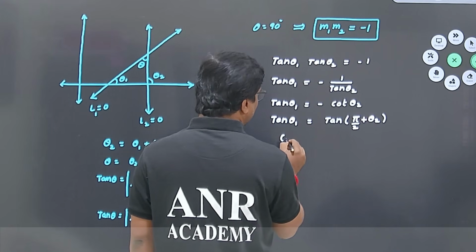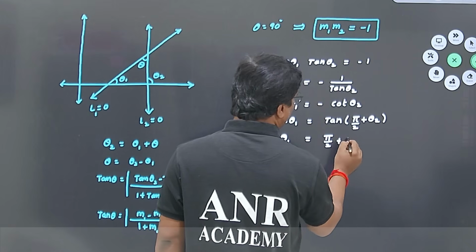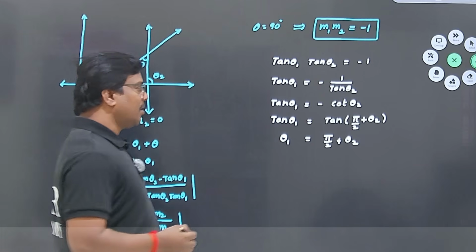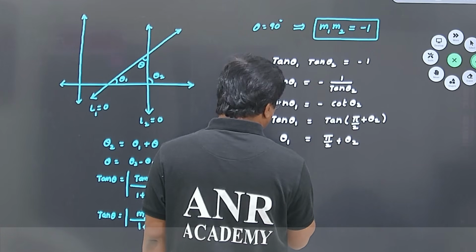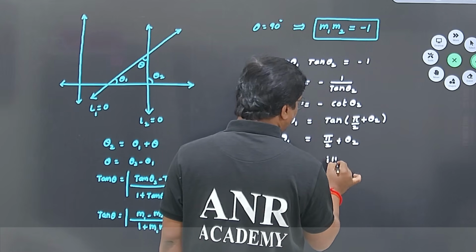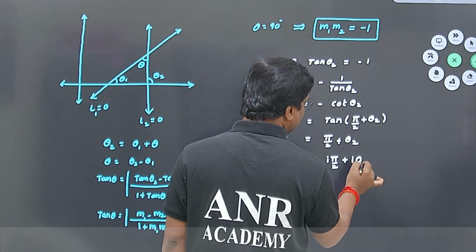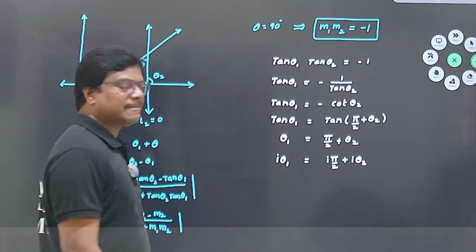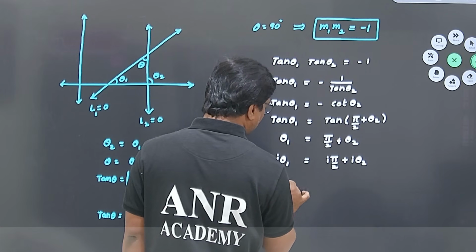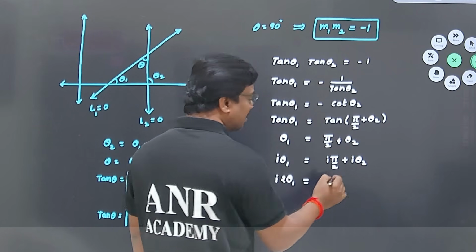Neglecting tangent on both sides, theta 1 is written as pi by 2 plus theta 2. Right? Now, iota theta 1 equals iota pi by 2 plus iota theta 2 you can write. If I multiply with 2, iota 2 times theta 1 equals iota pi, multiplying with 2 on both sides.